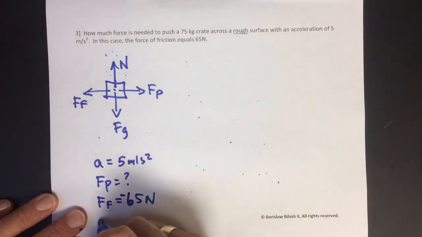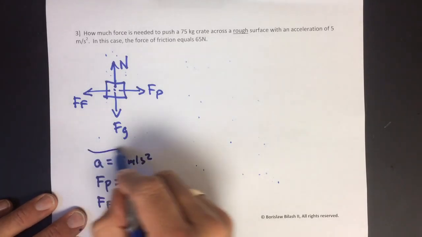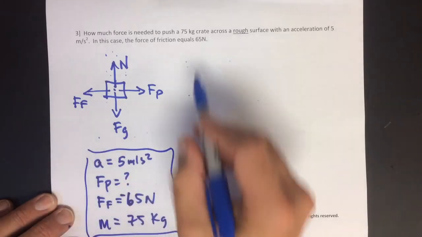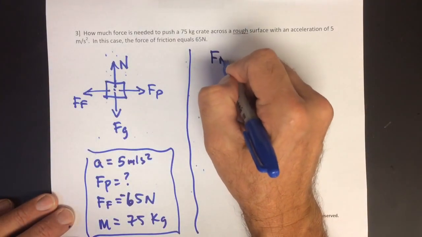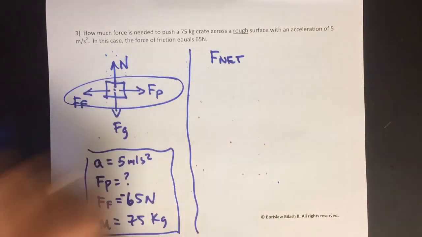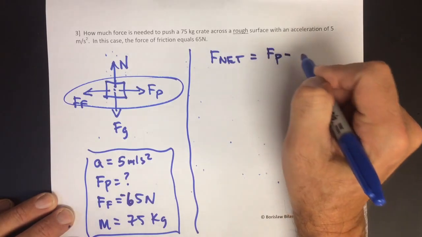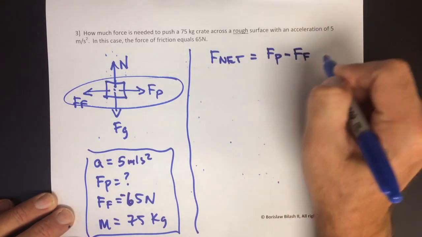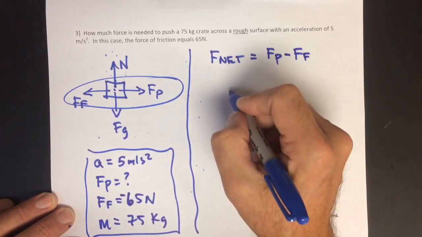And then I have M, which is 75 kilograms. So that's the given information. So now I want to do F net. And since I have two forces right here, I have Fp, and then I have minus Ff. It's in the opposite direction. We pointed that out over here.